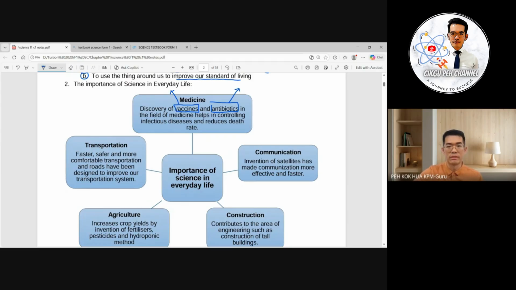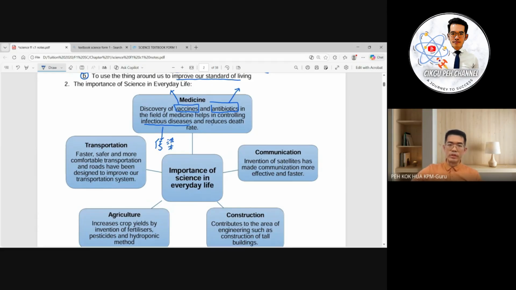virus or bacteria. Okay, so vaccine is 疫苗, antibiotic 是抗生素, 所以抗生素的作用就是杀死细菌。所以细菌通常是 infection disease 的来源。infection disease 的意思是传染病。You can write down if let's say you need the translation.